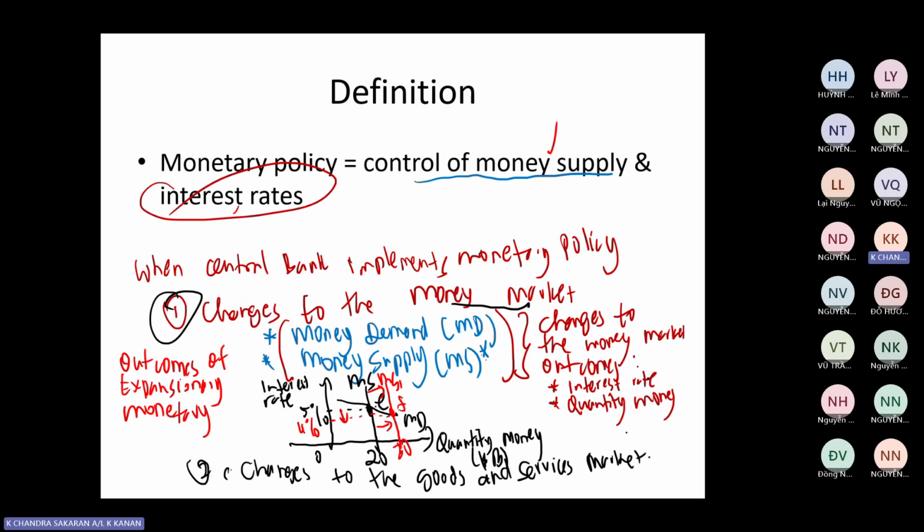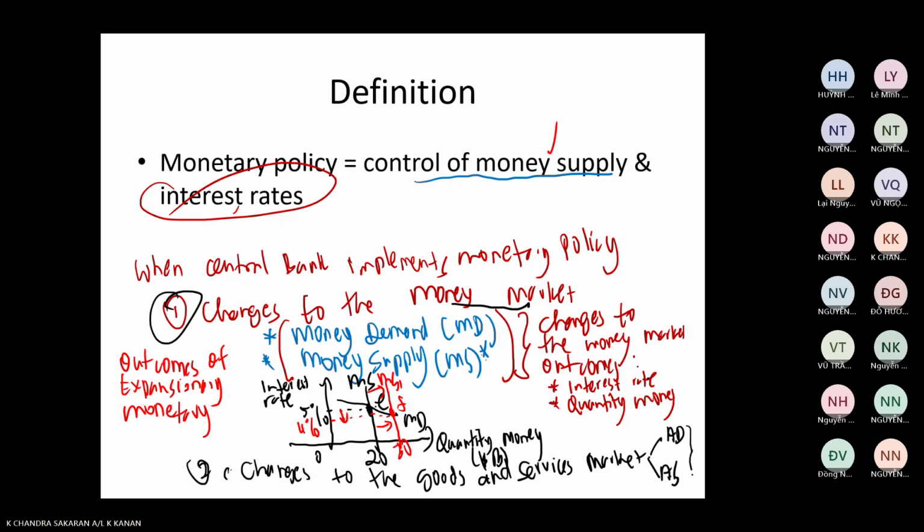In the goods and services market, we have two things: aggregate demand, the total money spent in the economy, and aggregate supply, the total production of goods in the economy. The money market has two, money demand and money supply.